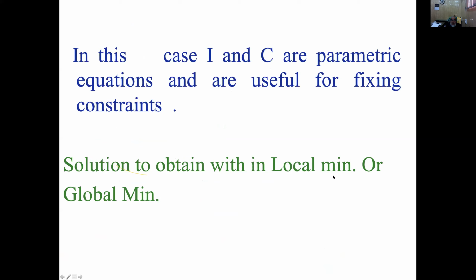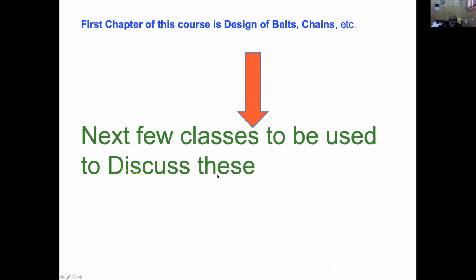Then we can use the parametric equations to set the local constraints and obtain the optimal design solution, local minima or global minima. So this is a brief introduction to design, the COs and the optimal design, which you will be able to learn in the future, including how to optimize the design. Now after this we will go to the regular course, which is the design of belts.